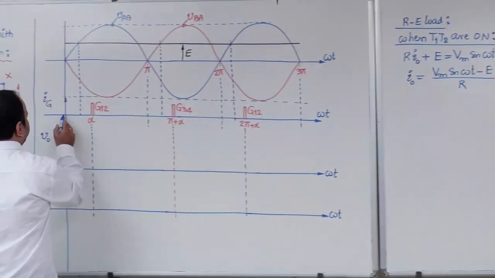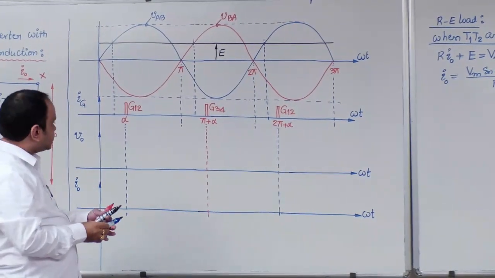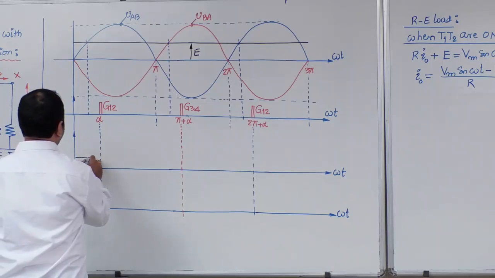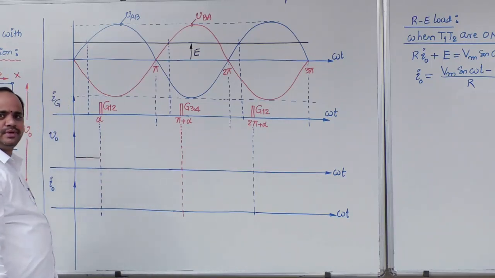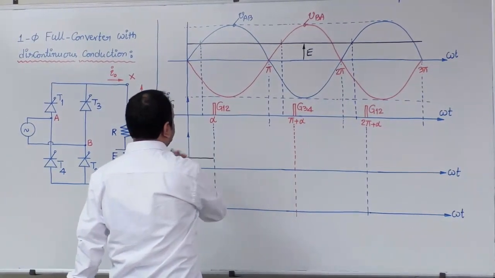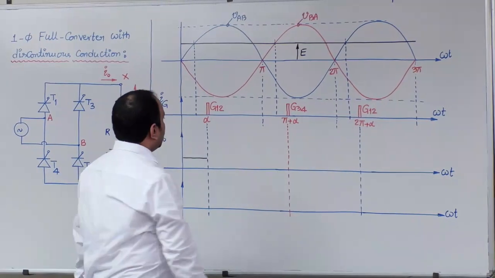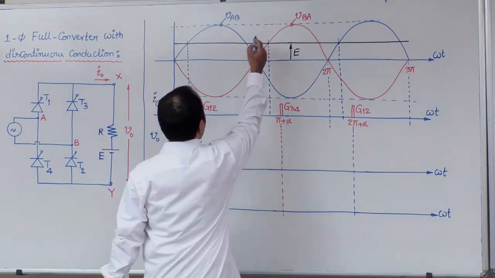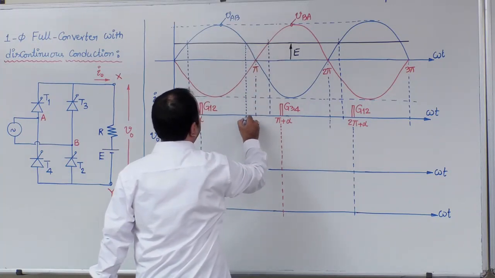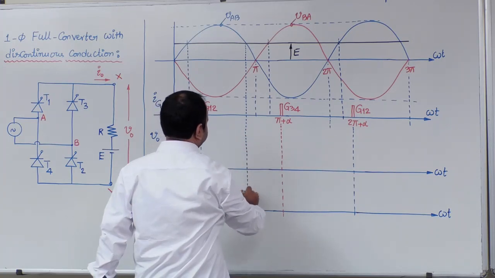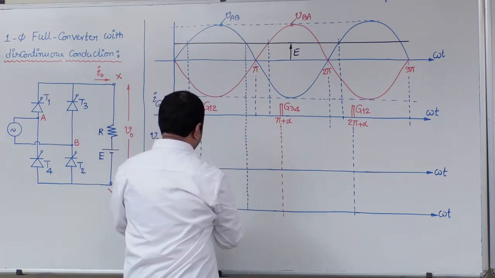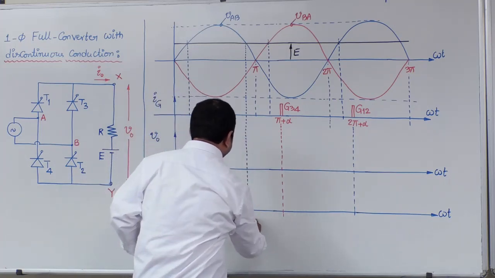Before alpha, no thyristor pair will start conduction, and hence the output voltage will be equal to the load EMF E. Next, the T1 T2 pair starts conduction at alpha, and it will conduct up to, now observe carefully, I am extending the pi minus theta line now. Till now I didn't extend this line. So this particular line is pi minus theta.